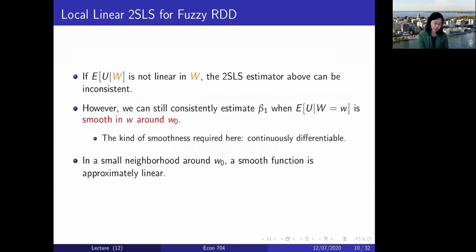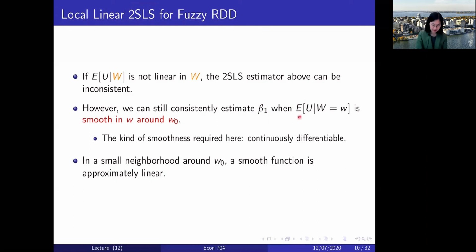So the usual solution is to do a local linear two-stage least squares. The local linear two-stage least squares only assumes E[U given W] to be a smooth, which means continuously differentiable, function of W around a neighborhood of the threshold value.